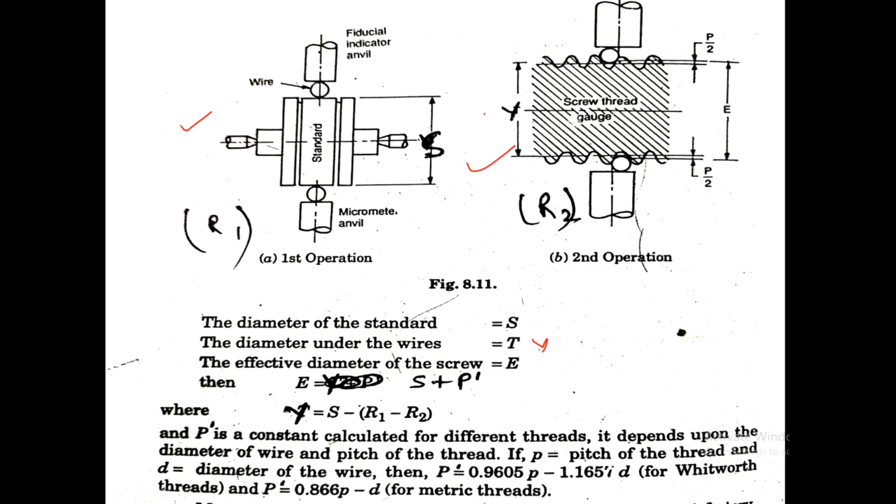R1 is the reading you get in this condition, and R2 is the reading after getting in this condition. When you do your job, we put your job in the floating micrometer. The reading you get is your R2 and R1 in this condition. Okay, thank you.